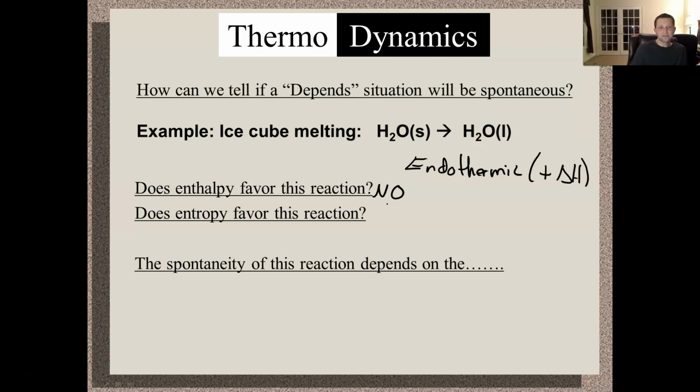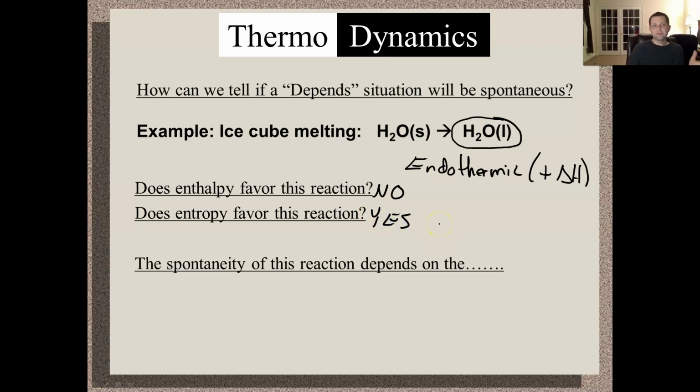But sometimes an ice cube does naturally melt. Let's look at entropy. Does that favor this reaction? Well, H2O is a solid on the reactant side. H2O is a liquid on the product side. Are we getting more or less disordered here? Well, we're definitely getting more disordered because liquids have more disorder than solids do. So this looks good, right?